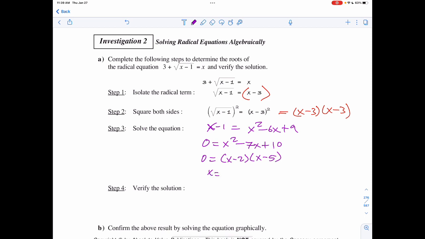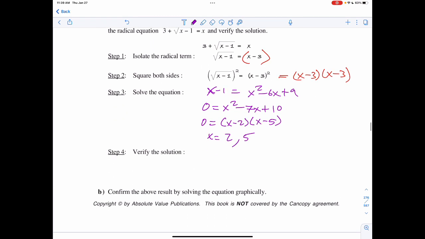And from the first factor, x minus 2, I get a possible solution of 2. And from the second factor, x minus 5, I get the solution of 5, just like what we had with our quadratics. Now, I need to prove that they both work.